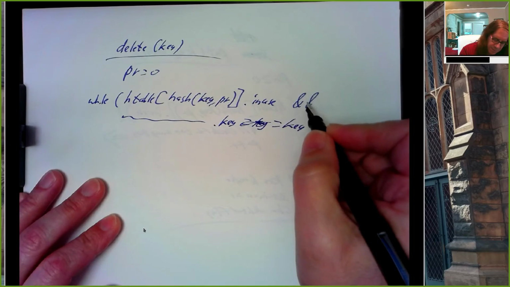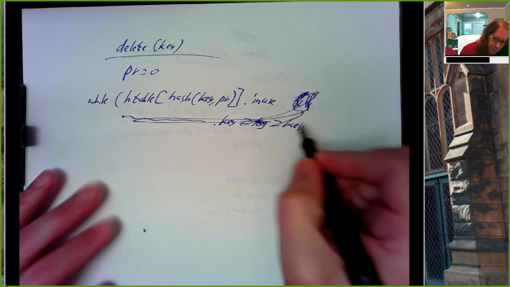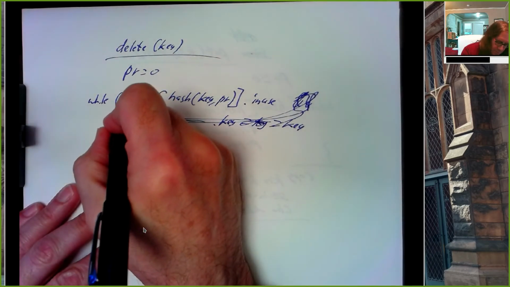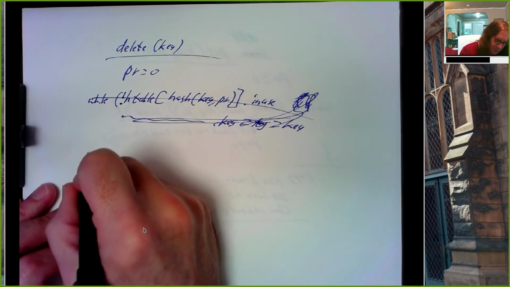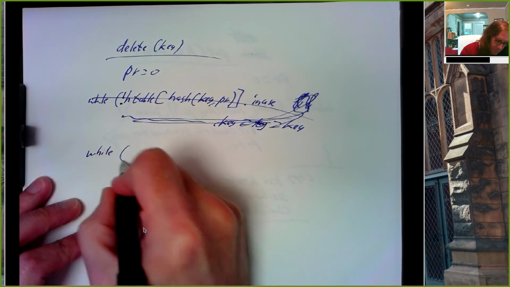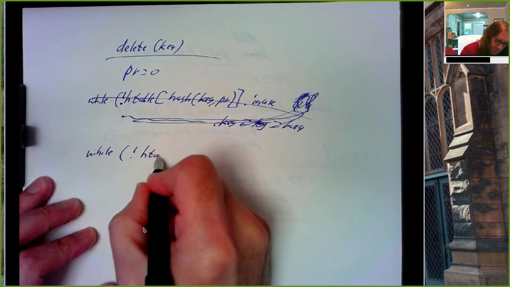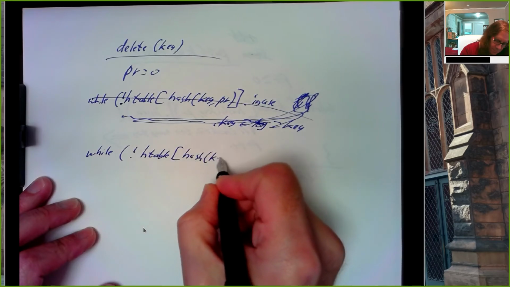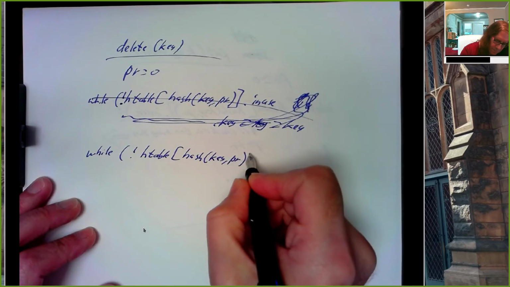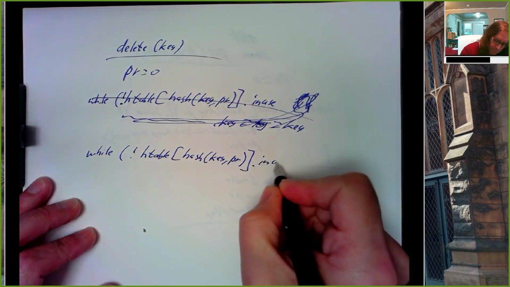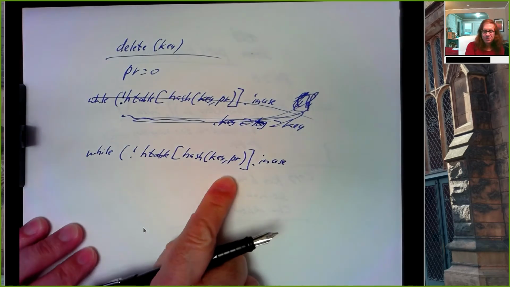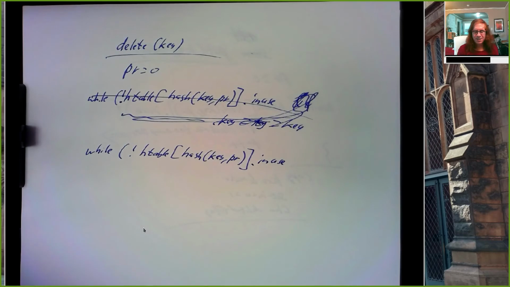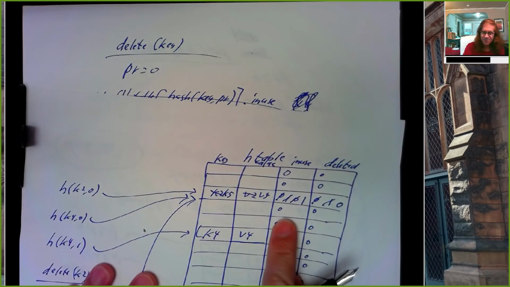Let me do this cleaner. All right, hash your key with the probe value. Use that as an index into your hash table. Check the in-use flag.